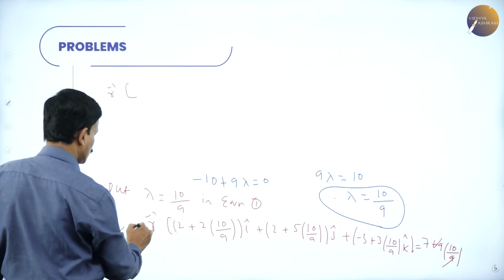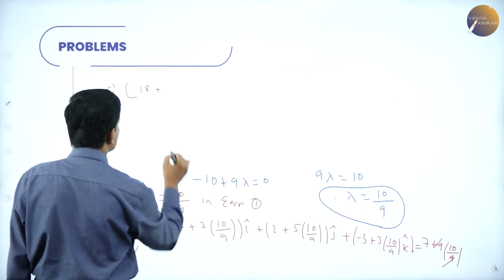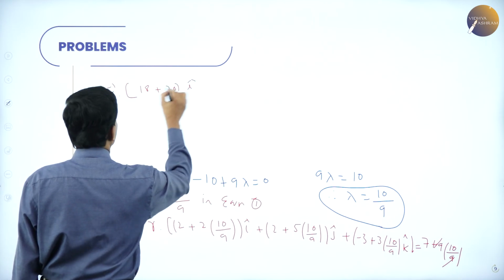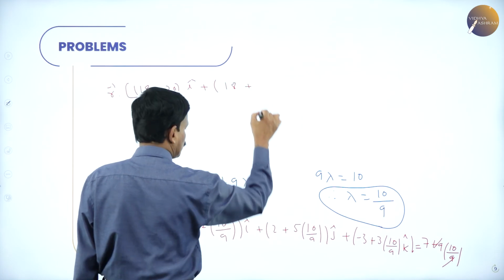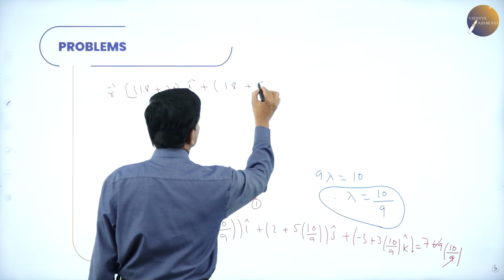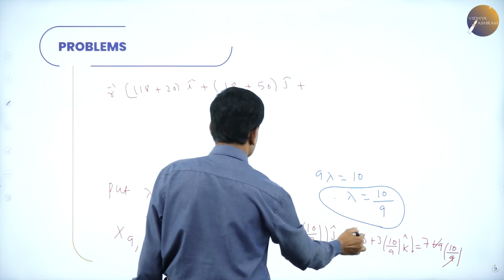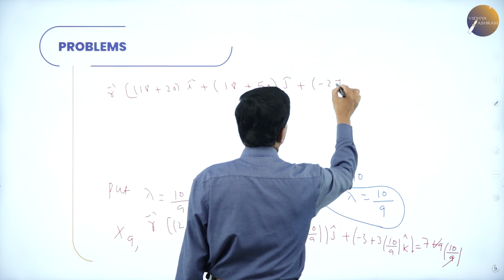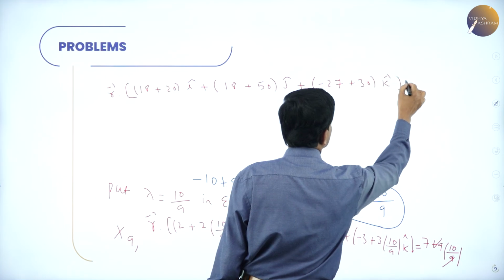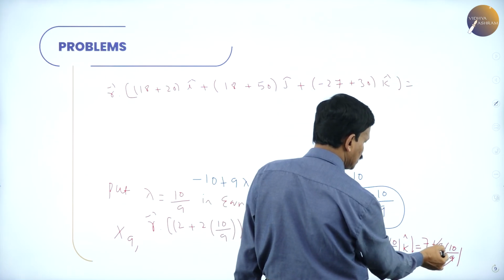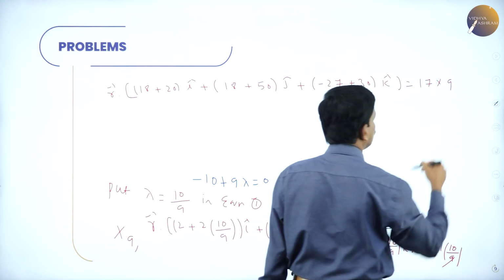Vector r dot 9 into 2, 9 2s are 18, plus 9 9 gets cancelled, 2 into 10 is 20, times i, plus 2 into 9 is 18, plus 5 into 10 is 50, times j, plus 9 into 3, 9 3s are 27, plus 30 times k, is equal to 7 plus 10 is 17, and we are multiplying by 9.